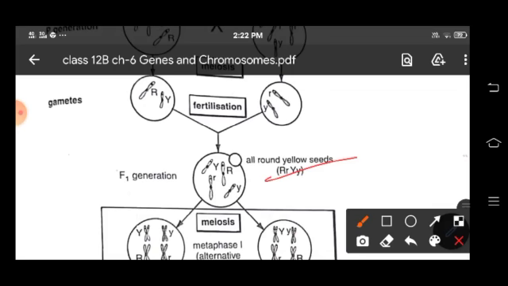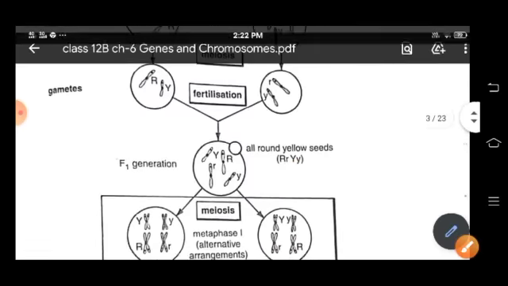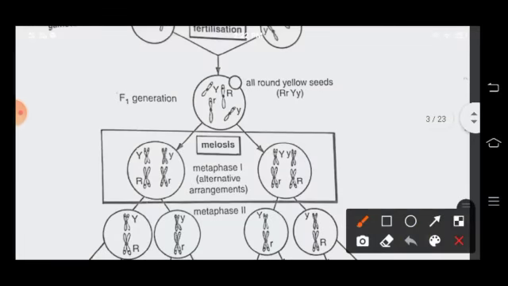Now after meiosis 2, four types of gametes are formed, each with half the number of chromosomes and genes.